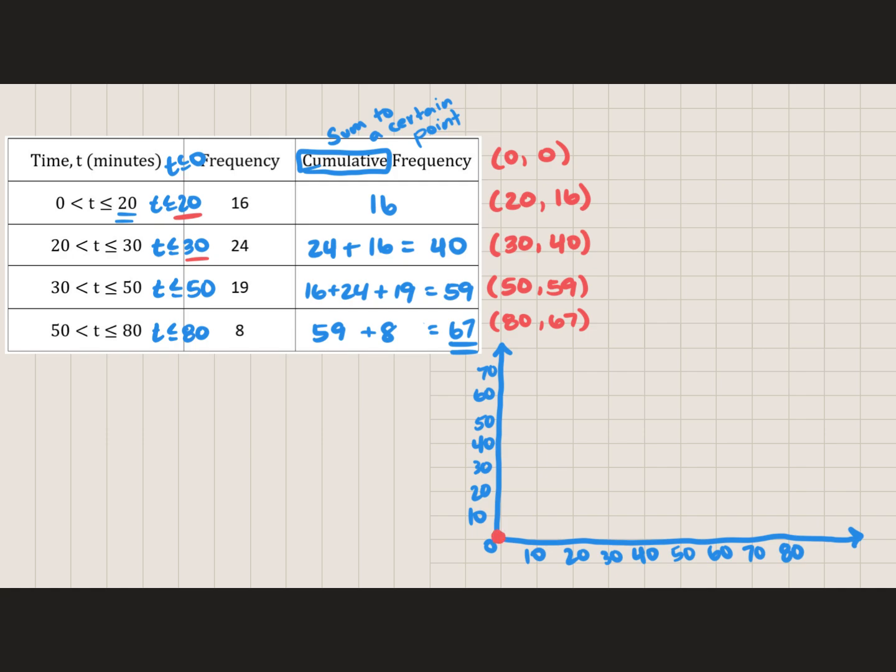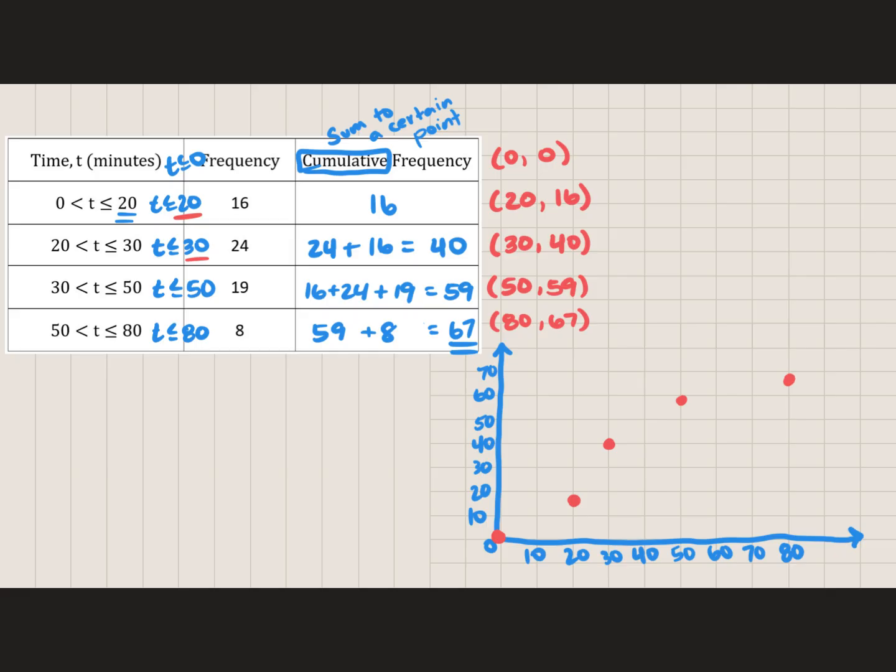I'm going to start my first point at 0, 0. I'm going to go 20 and 16, and then 30, 40, 50 and 59, and then our last point, 80 and 67.